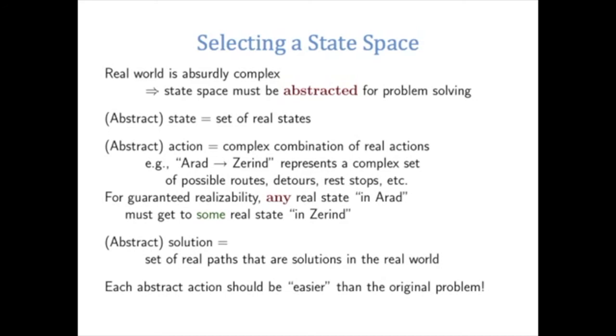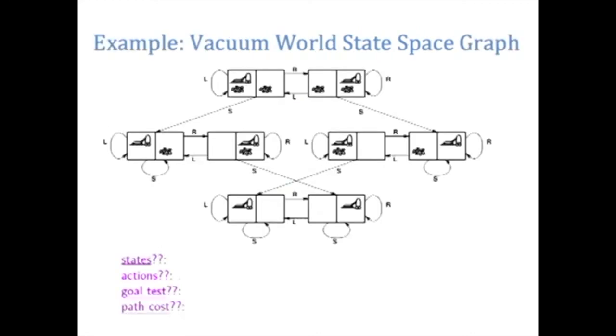Now, it's true, of course, that each abstract action should be easier than the original problem. Otherwise, we're not going to be able to make the solution any easier for ourselves. But conversely, it's also true that solving the problem in the abstract may not necessarily solve it in the real world if there's some aspect of the real world that we're not really capturing.